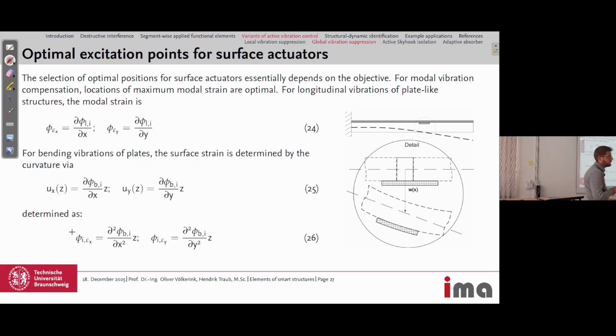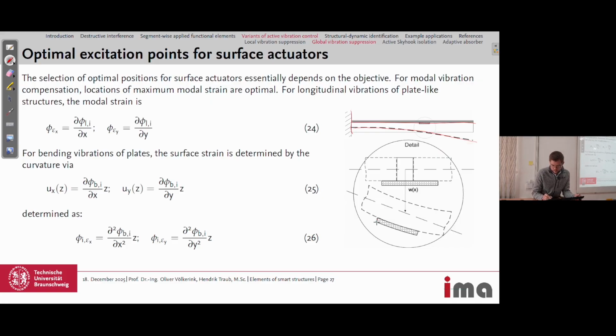The B is for bending vibration, so longitudinal vibrations L and bending B. So we have this simply supported beam, which has a bending line like this.